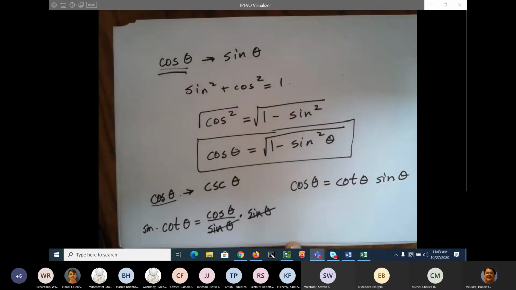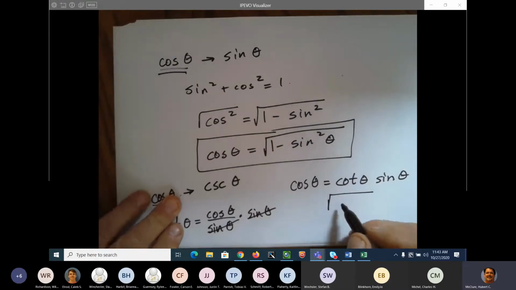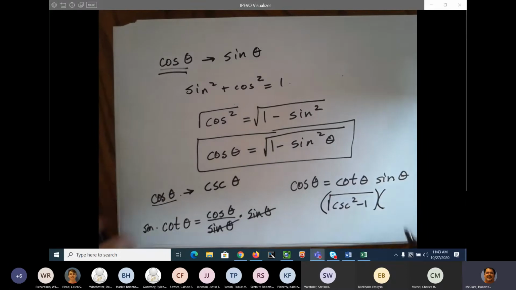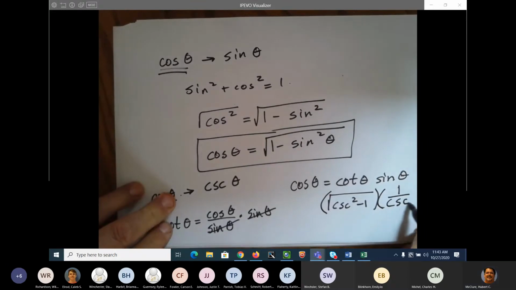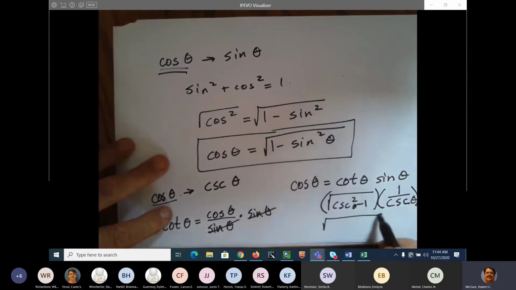The cotangent is the square root of cosecant squared minus 1. And the sine is 1 over the cosecant. And that's your answer there. And you can rewrite it as the square root of cosecant squared theta minus 1 over cosecant of theta.